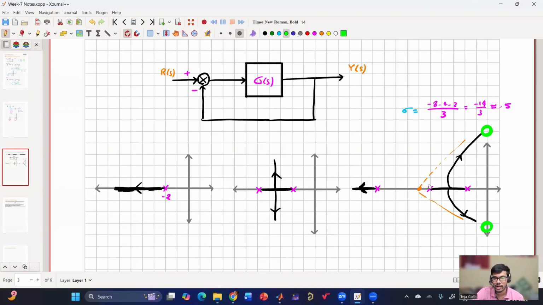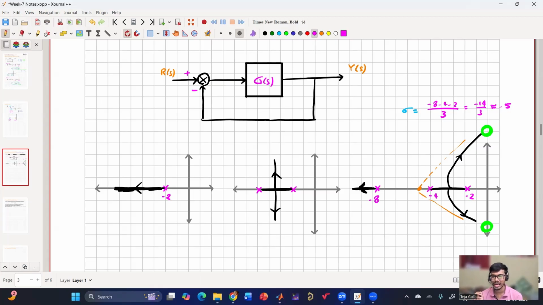What I'm trying to say is, if we are trying to draw the root locus, we know that on the x-axis the root locus lies in the region where on the right-hand side the number of poles plus zeros is odd. So between minus 2 and minus 4 the root locus exists, and then left of minus 8 the root locus exists. The minus 8 pole will go to the infinite zero, so it will go in the left direction, whereas minus 2 and minus 4 will hit and then move along the asymptotes.